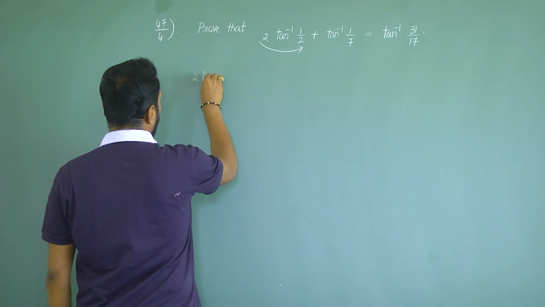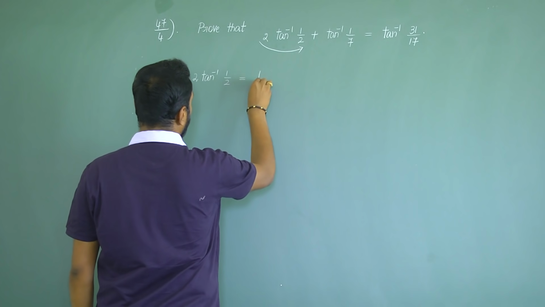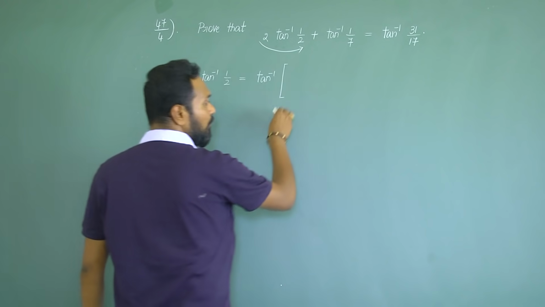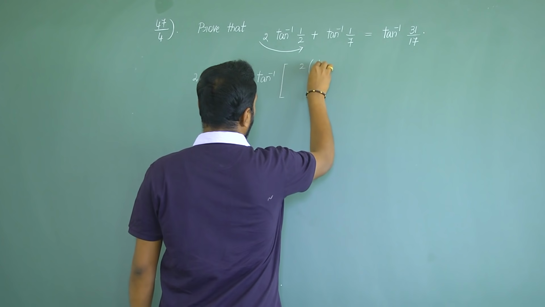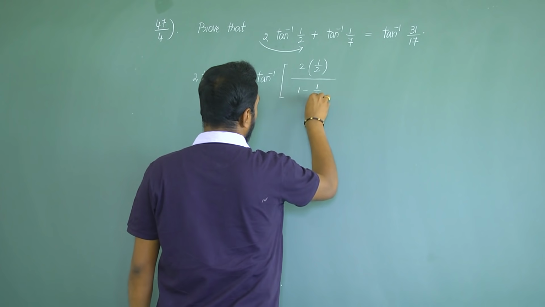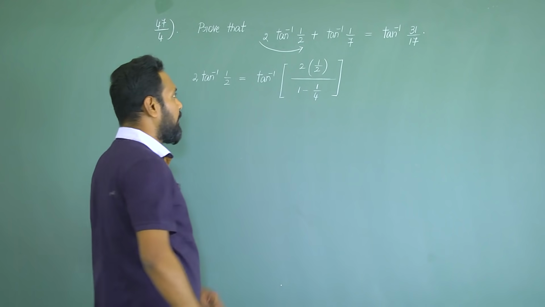So 2 tan inverse 1 by 2 equals to tan inverse of 2 into x, 1 by 2, divided by 1 minus x square, 1 by 2 whole square, that is 1 by 4.